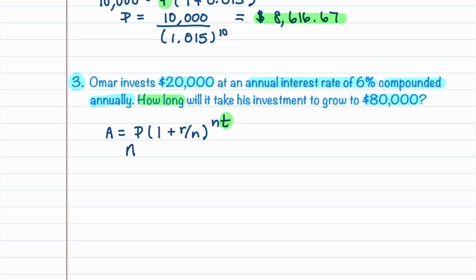A is the amount that will eventually be in the account, and that is going to be $80,000.